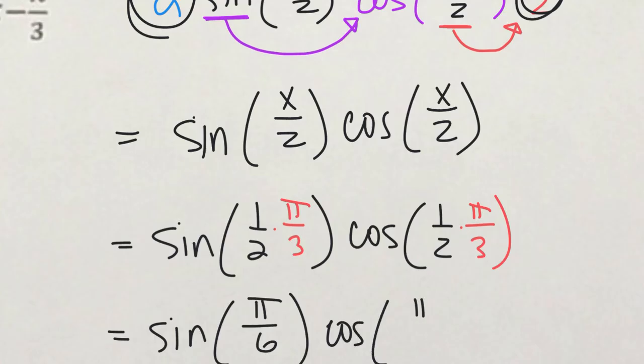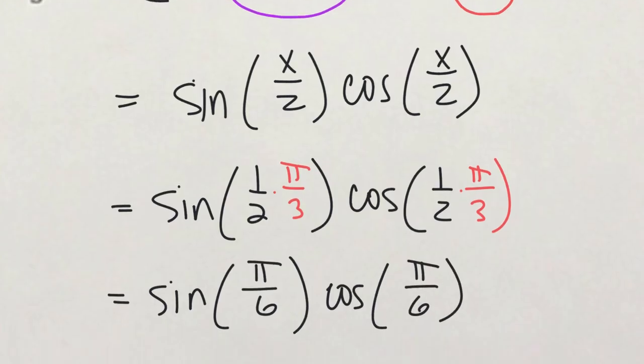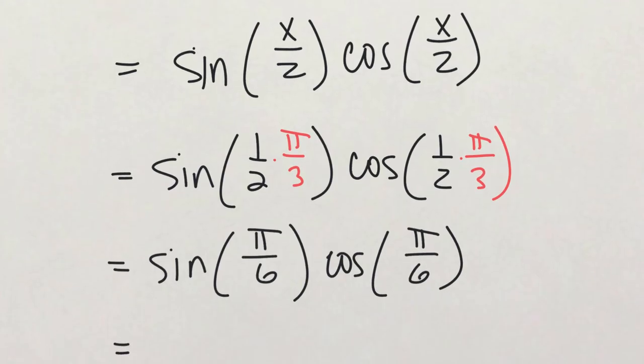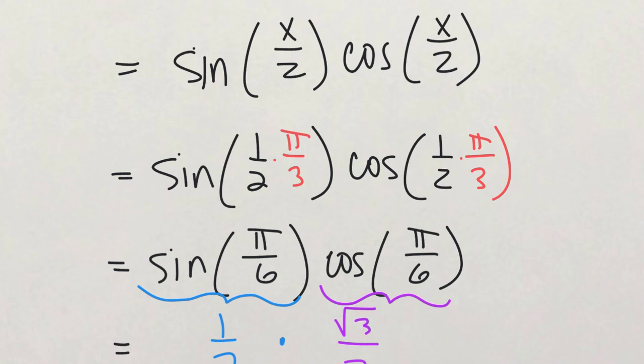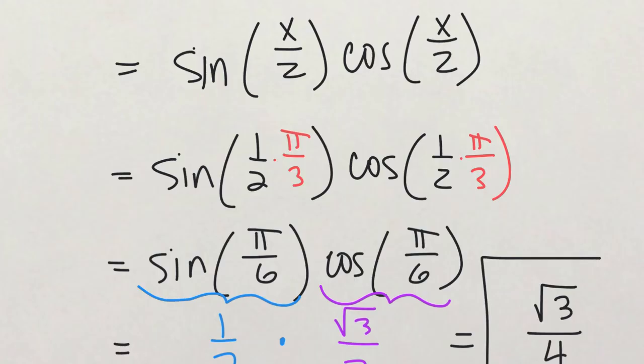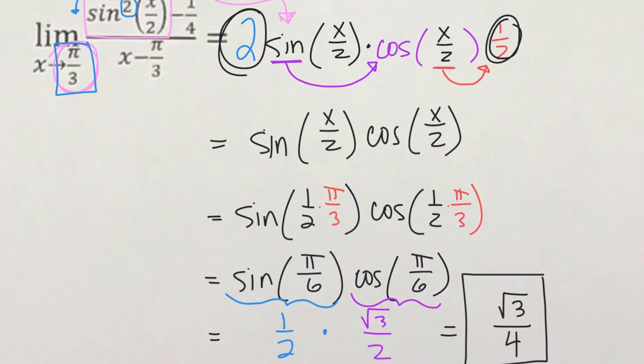The sine of pi over 6 times the cosine of pi over 6. Now we go to our unit circle. The sine at pi over 6 is 1/2. And the cosine at pi over 6 is root 3 over 2. Both of them are positive. So when I multiply these two things together, I get a final answer of root 3 over 4.